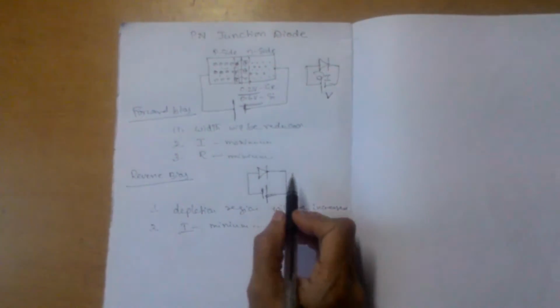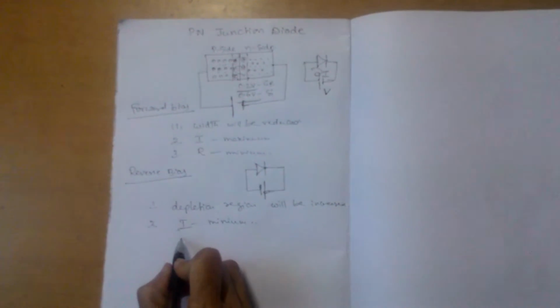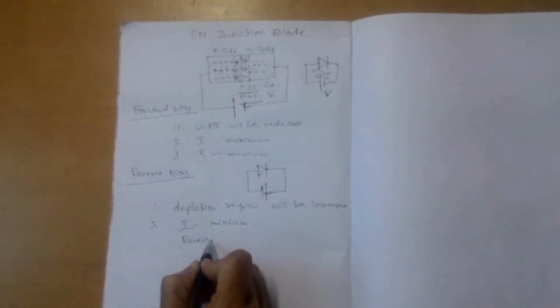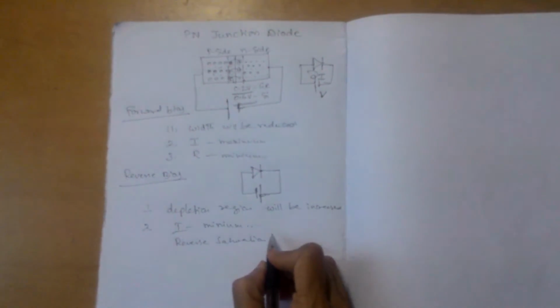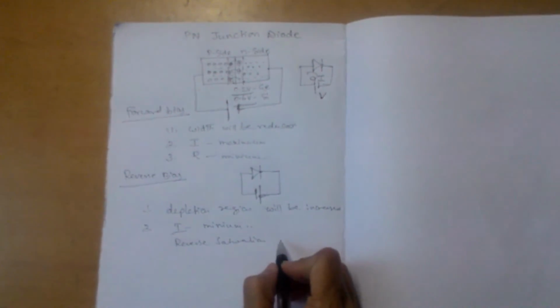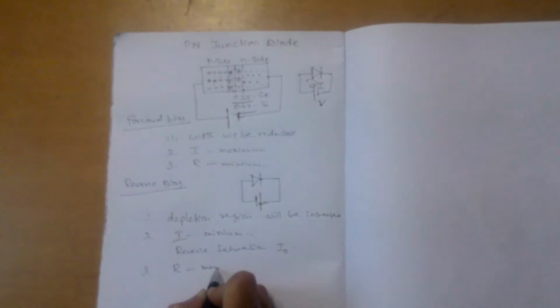This current is due to minority charge carriers which are there in the P side and N side. So that current is called the reverse saturation current I0. It is very small when the diode is in the reverse bias region, and the resistance offered by this diode will be maximum, R is maximum.